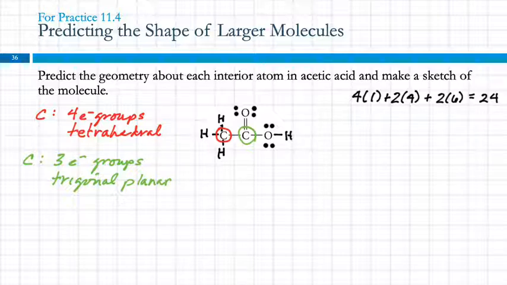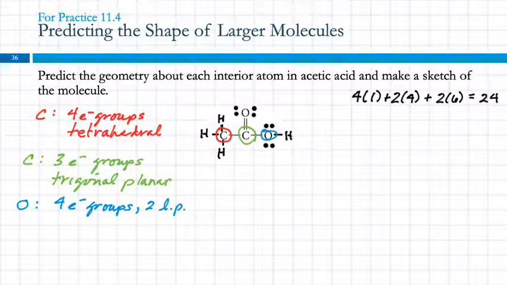And then this oxygen, I'll maybe make that one blue. So the oxygen on the end there. How many electron groups? 4 groups. 4 electron groups. Any lone pairs? Yeah. 2 lone pairs.